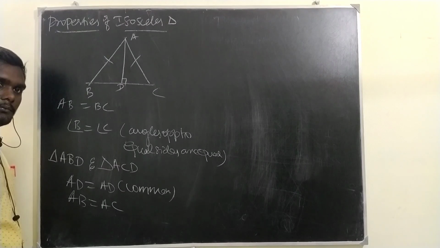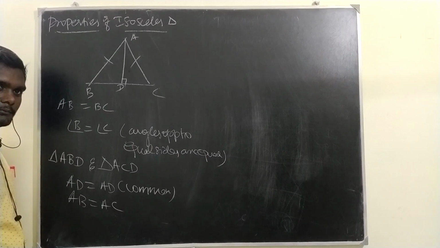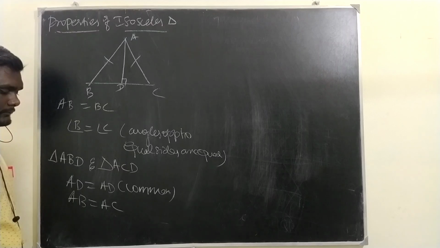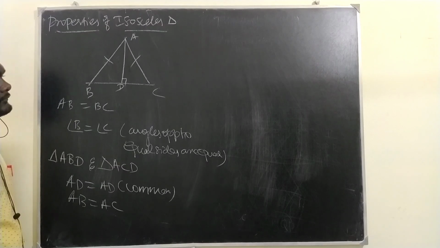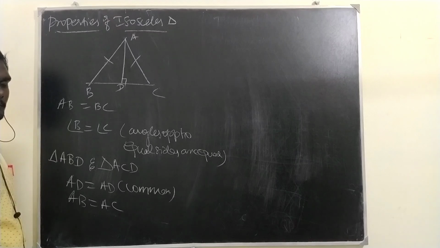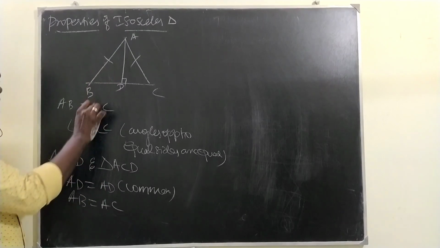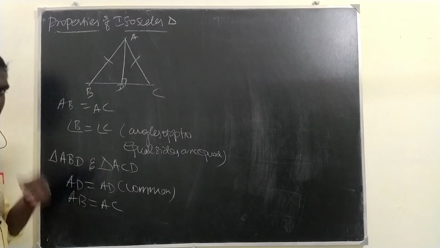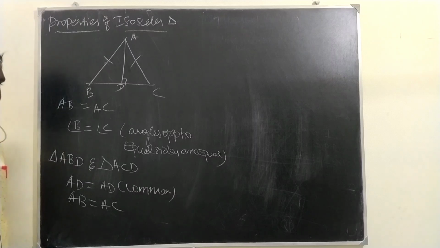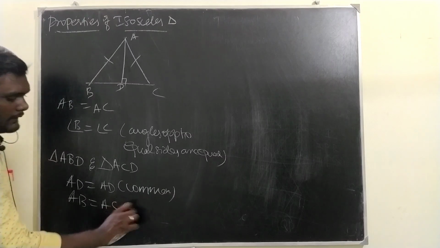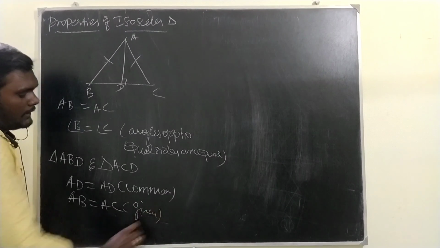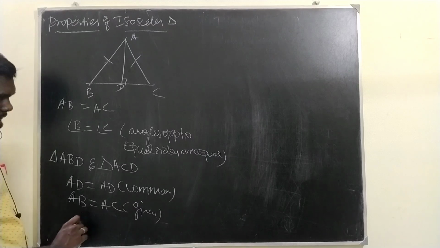Don't you notice? Have you noticed or are you simply sitting? What did you notice? AB is equal to AC. Good. So AB is equal to AC, that is given, and then we have this angle D.